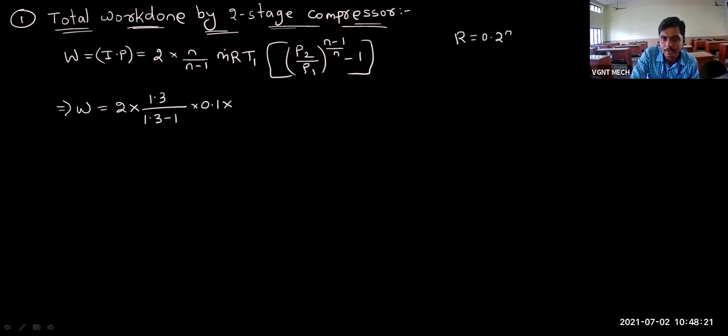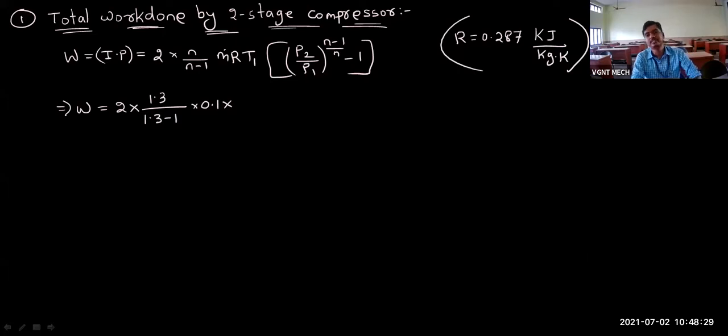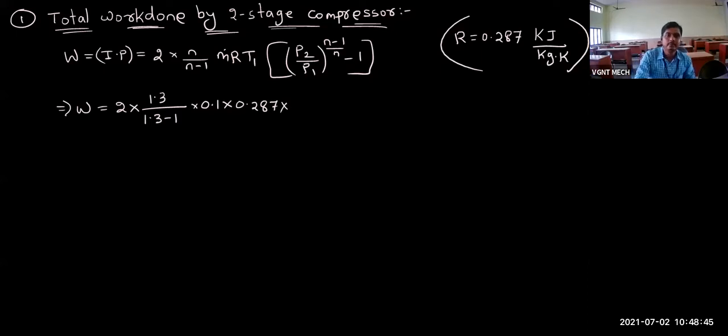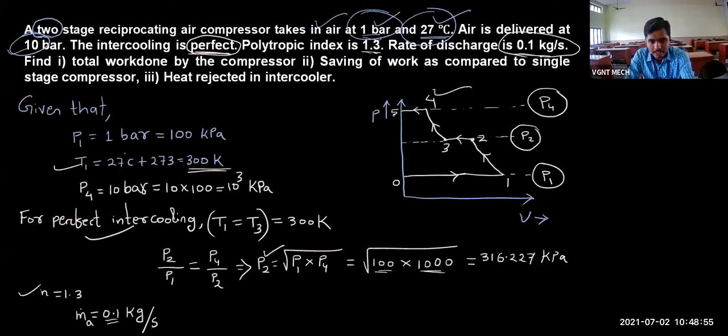R equals 0.287 kilojoules per kg Kelvin. This is called the gas constant. So in place of R we will write 0.287, into what is T1? The T1 value we have got is 300 Kelvin. So in place of T1 we will write 300, into P2 by P1. What is P2? What is P1? P2 we have got here as 316.227.